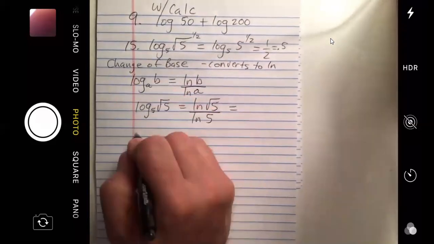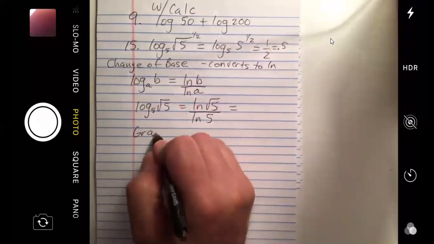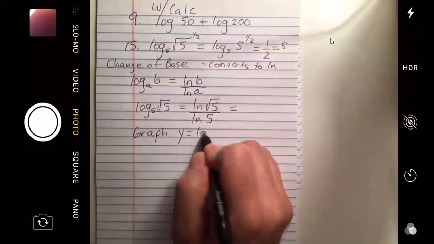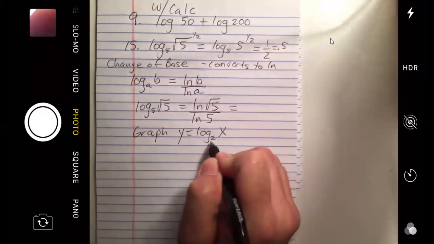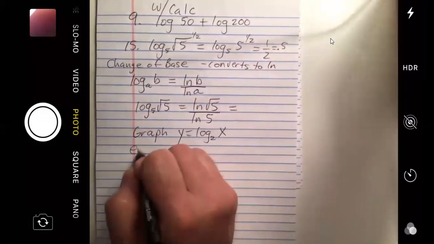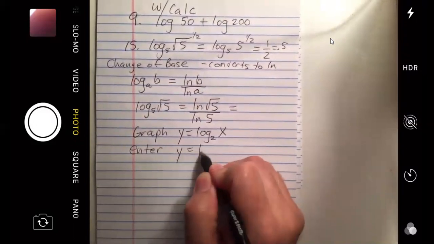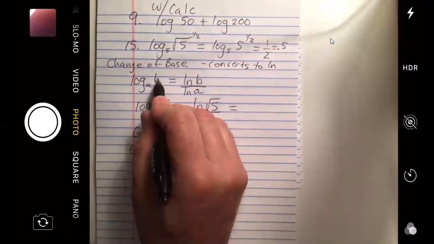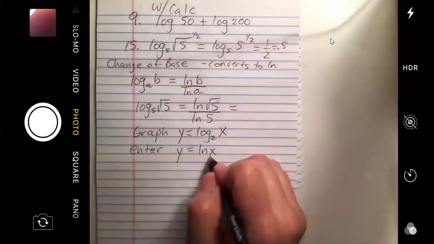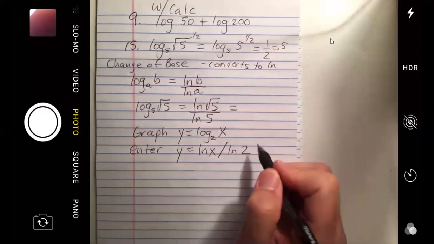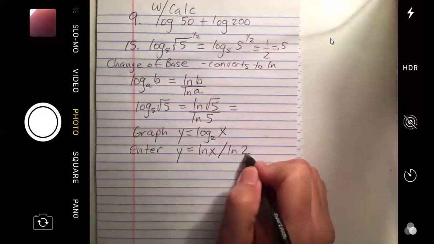It's also the secret to graphing. If we had you graph y equals log base 2 of x, there is, again, no direct log base 2, so you would enter ln of x, acting like the b, the argument, and divide by ln of 2, which is acting like your a.